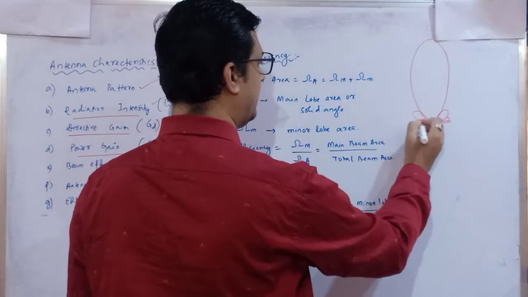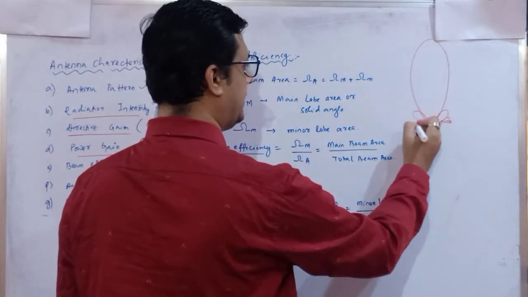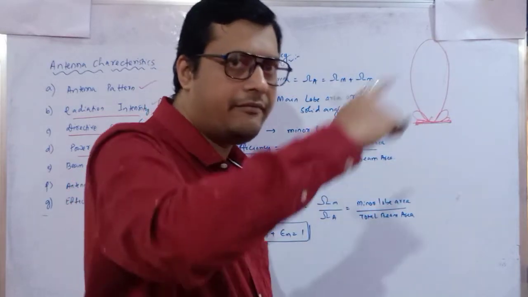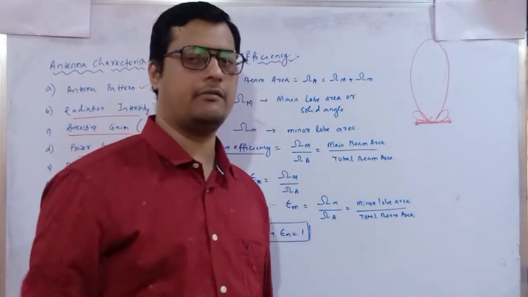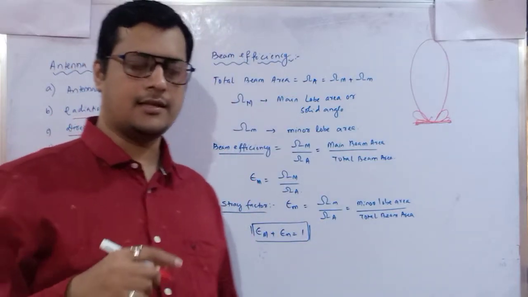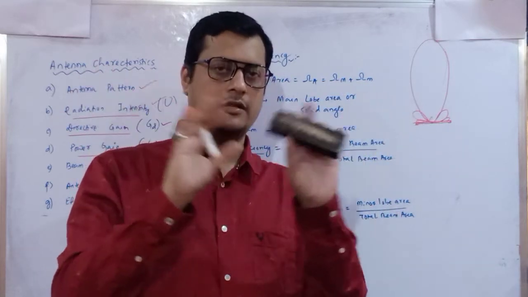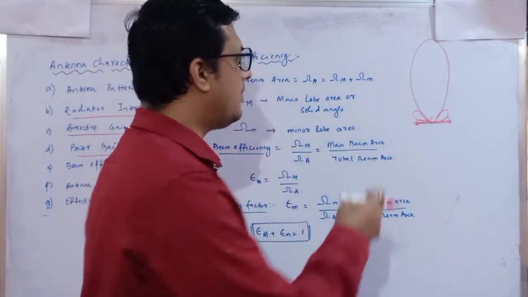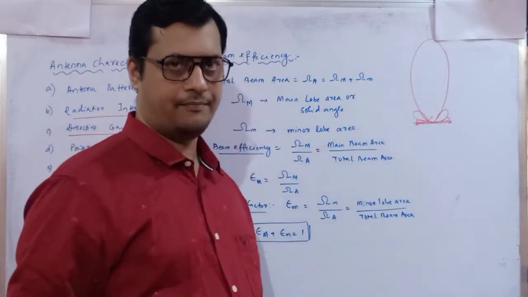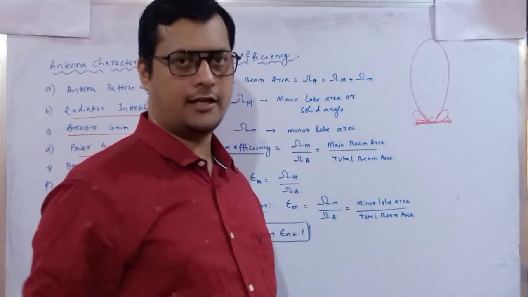Due to the presence of this radiating element, a beam will be formed. Radiation pattern will be formed. As I discussed last class, one donut will be there and the radiating fields will be created throughout the space. Let us consider only one beam, and it is projected in a certain direction.